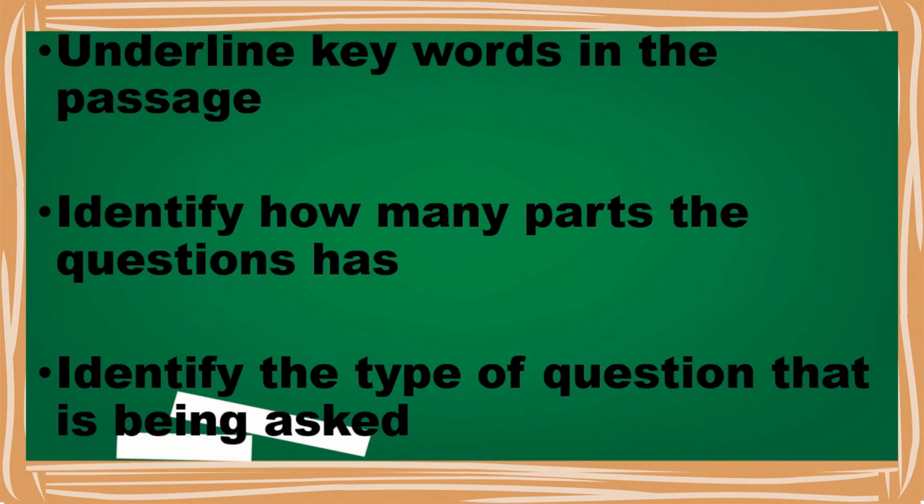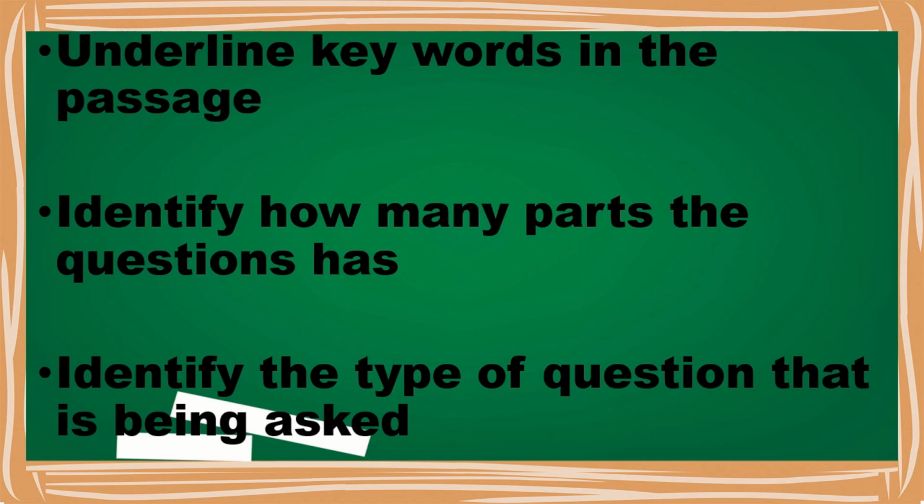You also want to ensure that you underline keywords in the question. So there are keywords in the questions that you may want to make a note of. Underline what the question is asking you to do. There are some important words there that you may need to pay attention to.